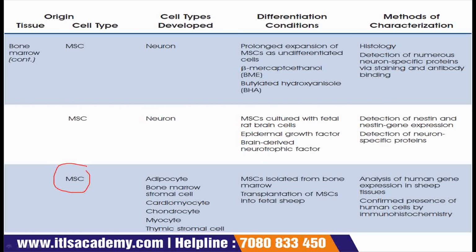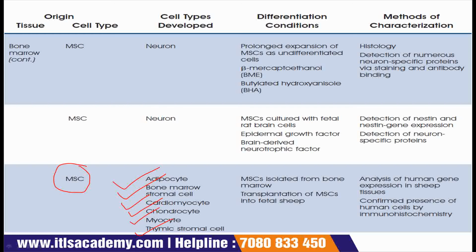Origin cell type is again mesenchymal stem cell, while the developed cells are adipocyte, bone marrow stromal cell, cardiomyocyte, chondrocyte, myocyte, and thymic stromal cells.